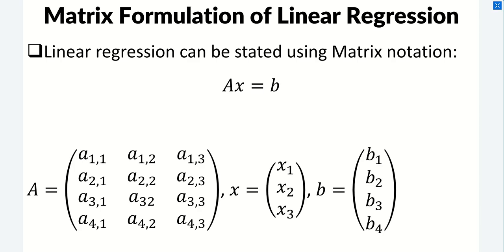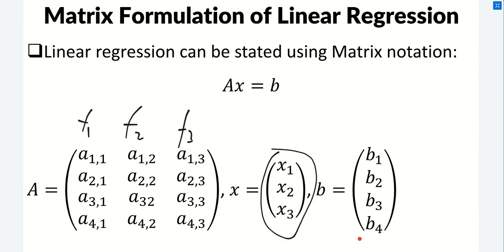So how do you do this using linear algebra? Here, how many features do you have? You tell me there are 3 features, right? So this is F1, F2, F3. Then this is the unknown. We don't know, this is what we're going to look for. And these are our targets.